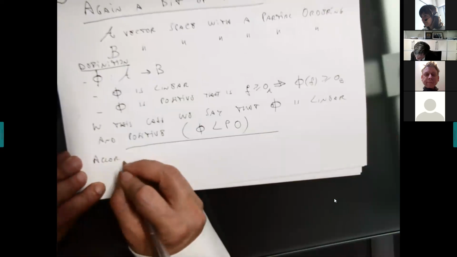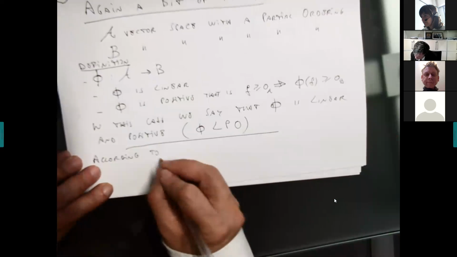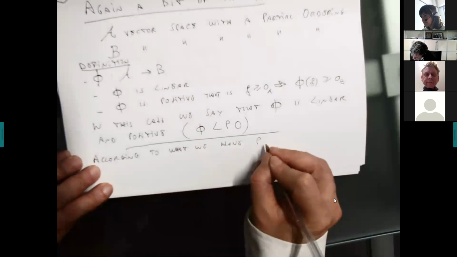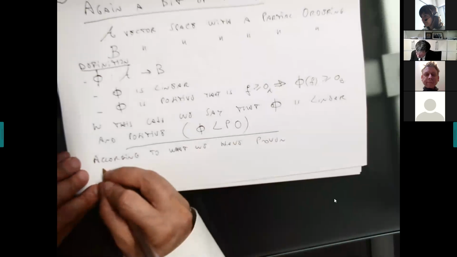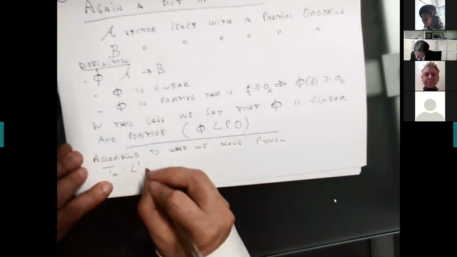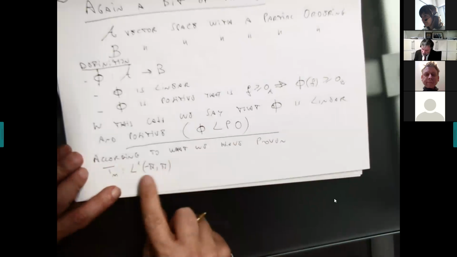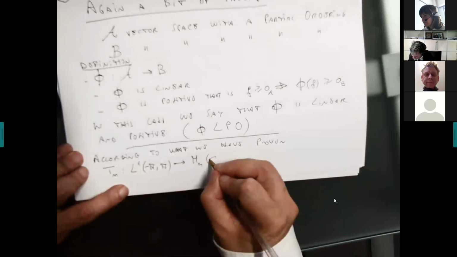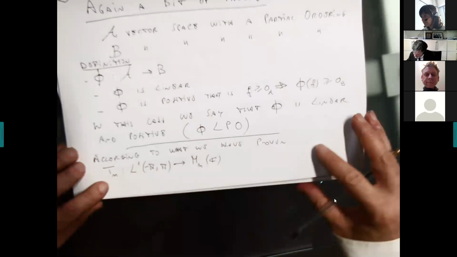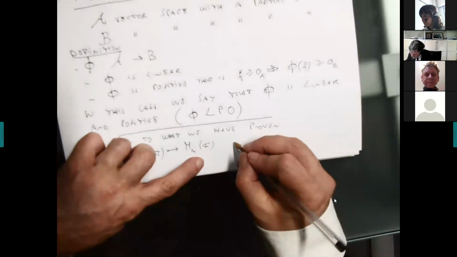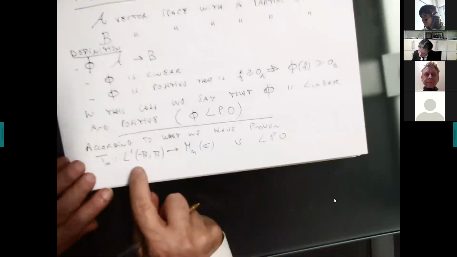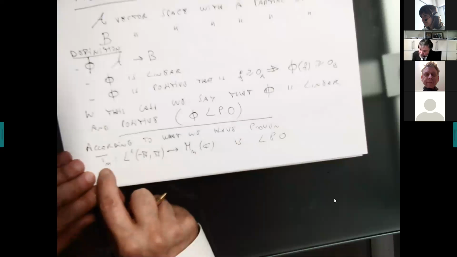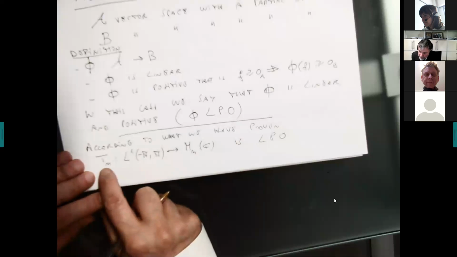According to what we have proven, Tn from L1 of (minus pi, pi), so you have a function in L1 and you go into the space of matrices of size n. According to what we have proven, this operator is LPO. Because if f is real valued and non-negative, then Tn of f is Hermitian non-negative definite.